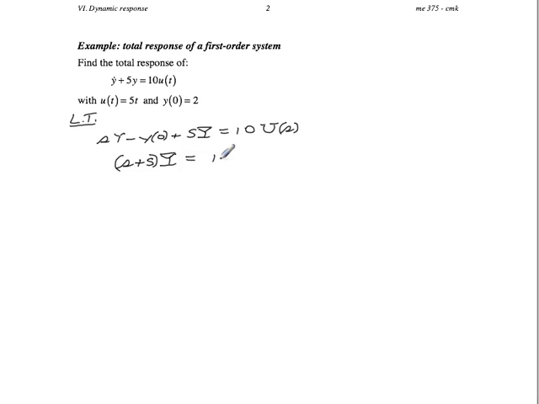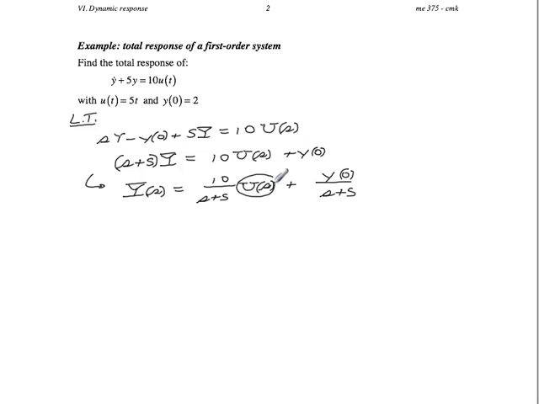The right hand side I have 10 u of s plus the initial value for y, and then solving then for the Laplace transformed response y of s, I get 10 over s plus 5 u of s plus the initial value for y divided by s plus 5.